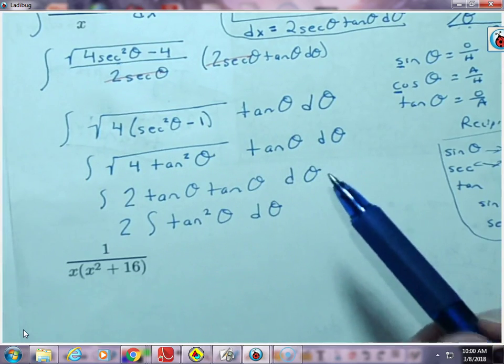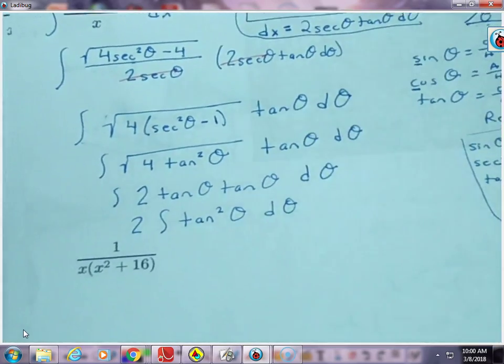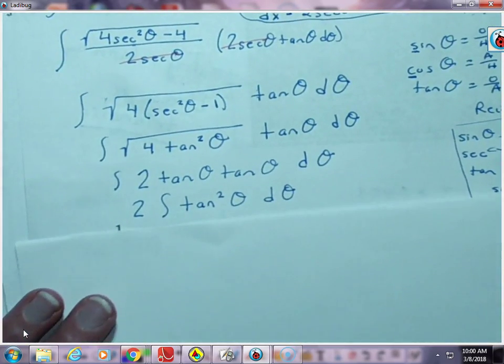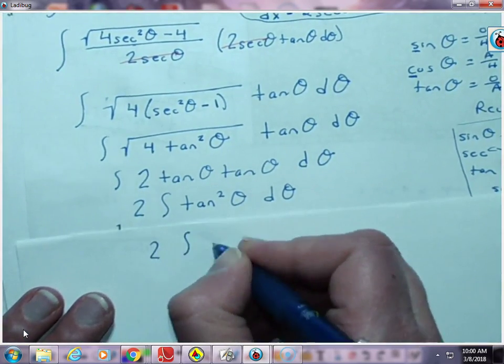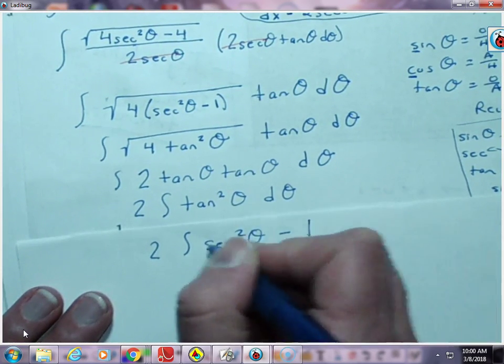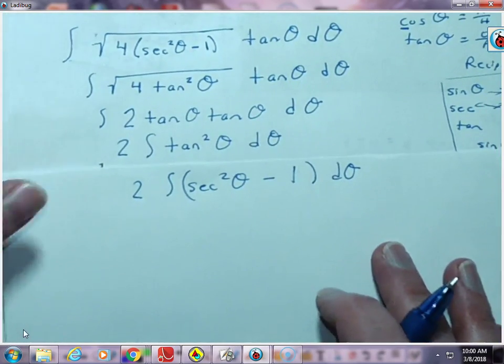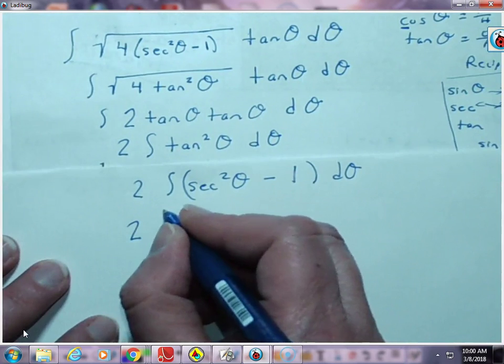Okay. So tangent squared, I'm just going to put another piece of paper. I'm trying to show lots of steps, so we said it was secant squared theta minus 1. And so that I don't make a careless mistake, I'm going to divide that up.